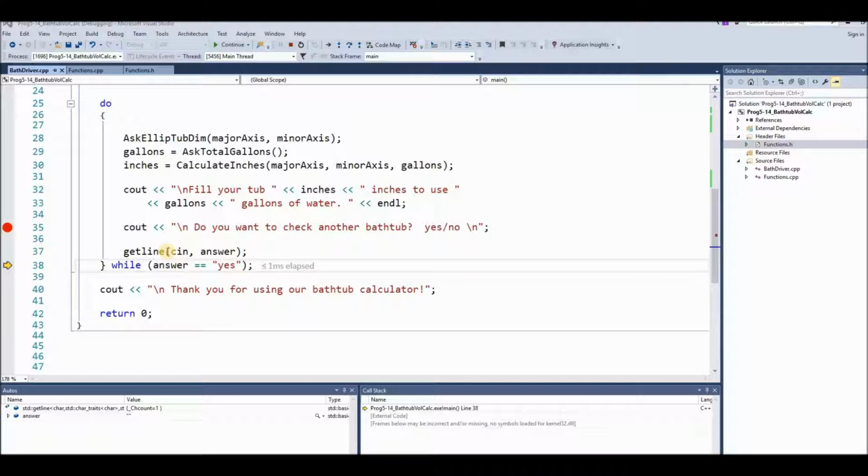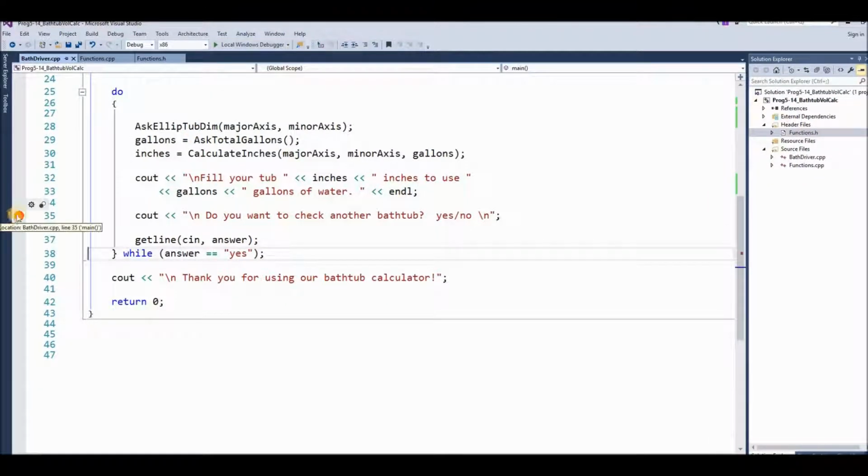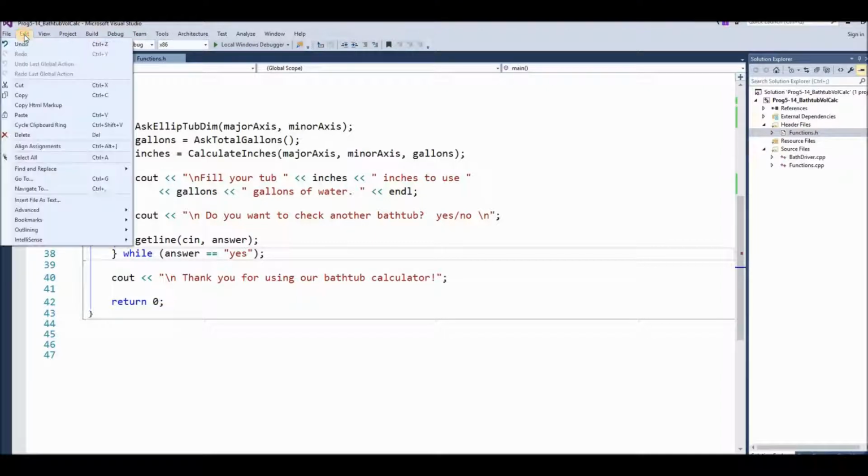So then the first thing that getline is going to see in the queue, in the stream, is going to be an enter key, an enter or next line. And so what it'll do is what it's supposed to do. It will consume it and throw it away, and it figures, okay, I'm done. So the usual cause for this is that I have used a cin somewhere and I did not use my cin.ignore.